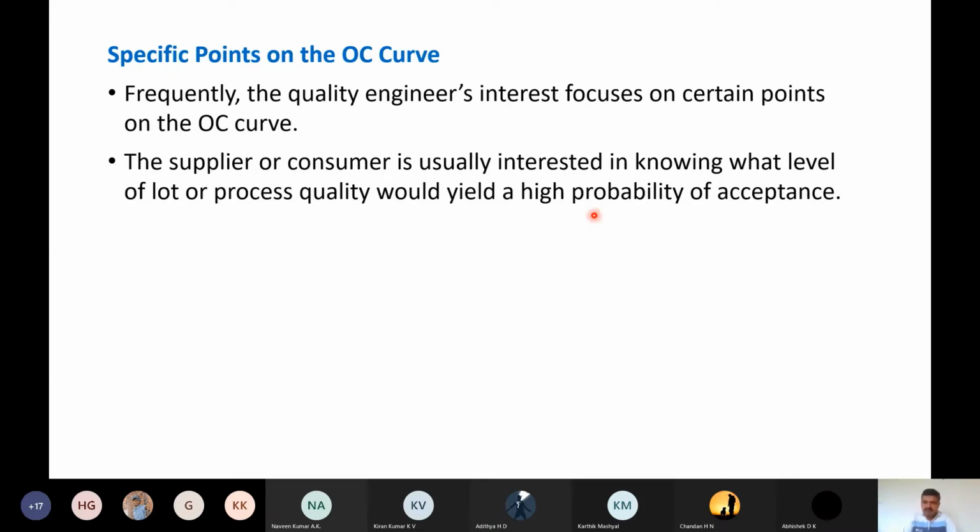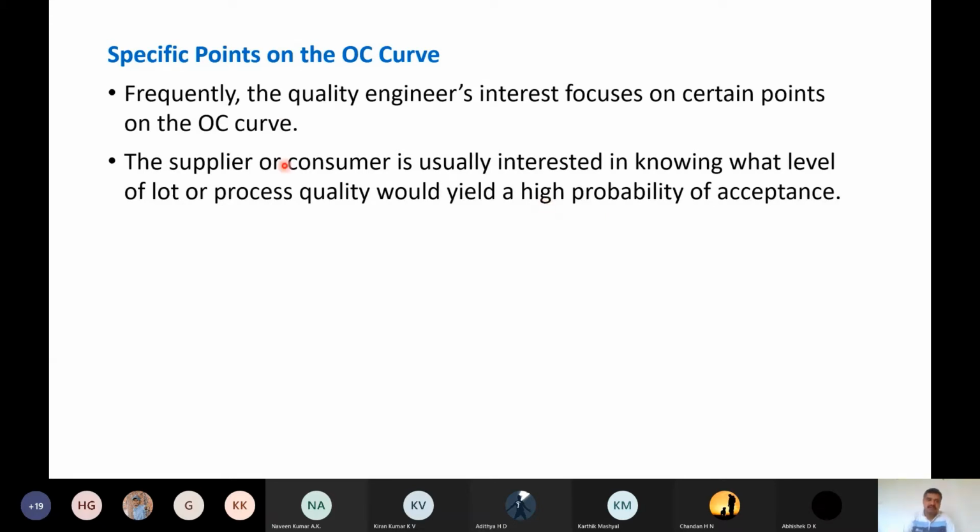The consumer may be a company, an individual, or a company procuring components from other suppliers. If the consumer is ready to accept a particular level of lot fraction defective, then the supplier will try to produce lots where the quality is at least that level or better.